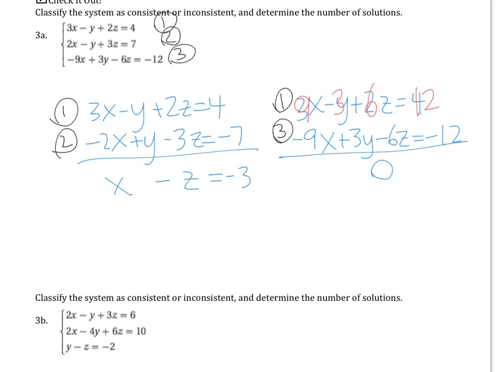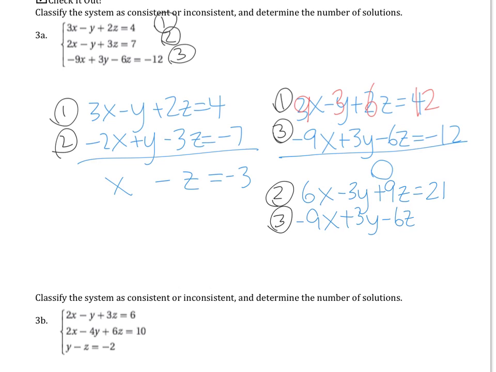So I'm going to try equation 2 and equation 3. Once again, I want to eliminate the y's. So I'm going to multiply equation 2 by 3. Leave equation 3 the same. Add those.